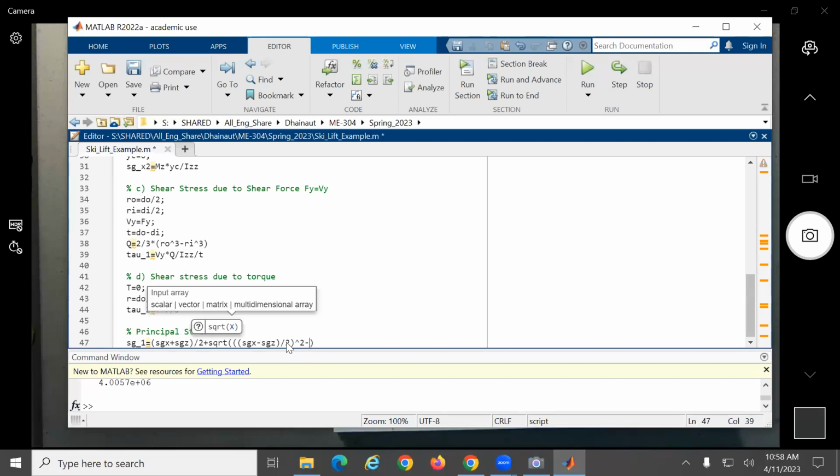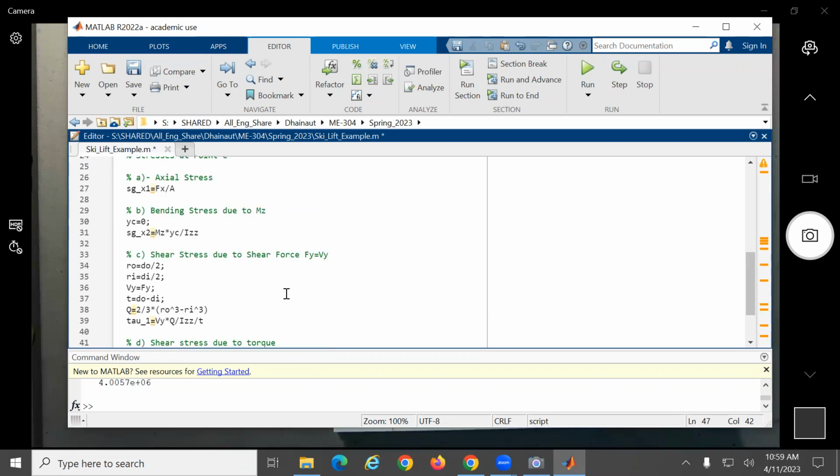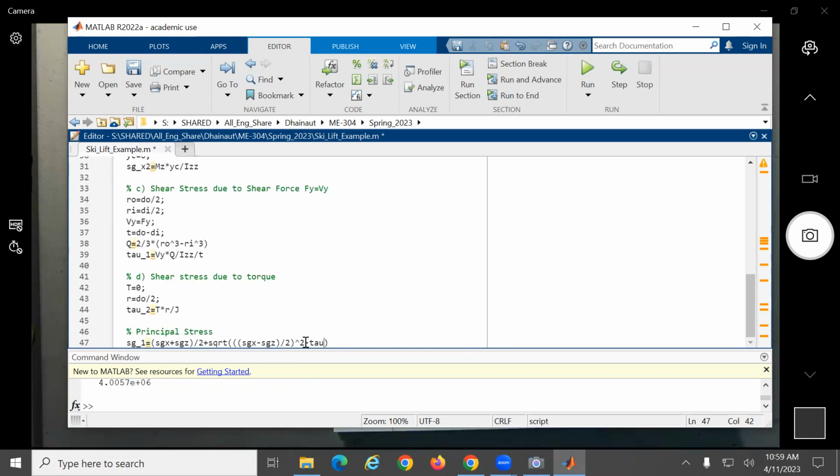Square minus tau. Sorry, yeah, plus tau Z. I said, let me just write tau square, okay?